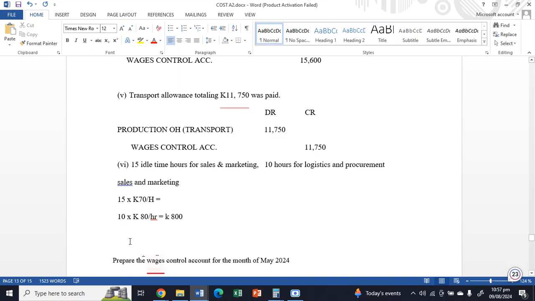Sales, 15 times 70 is 1,050 kwacha. So in total, how much has been paid? 1,850 kwacha.